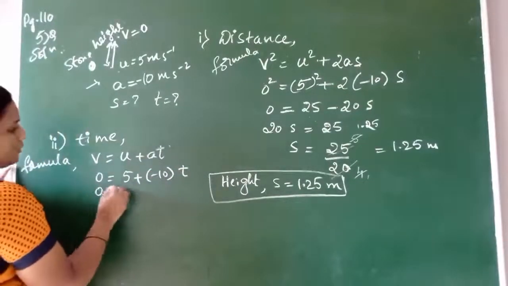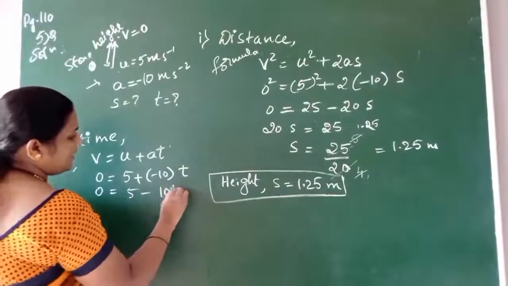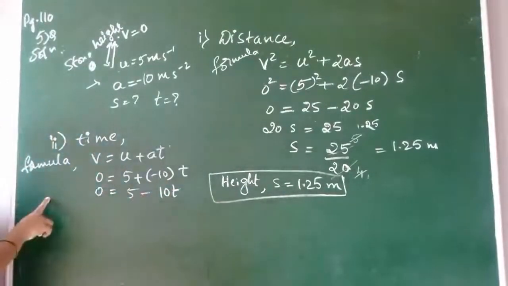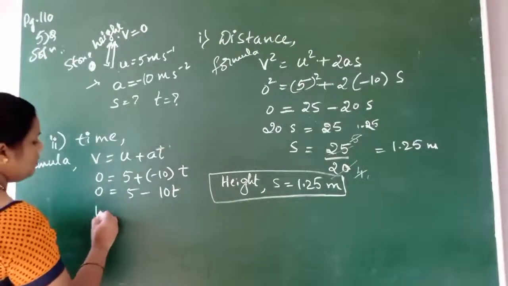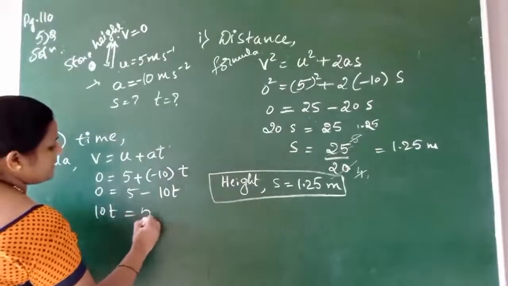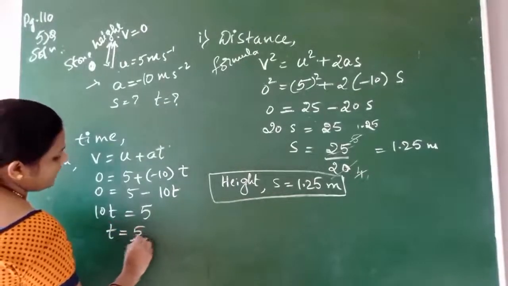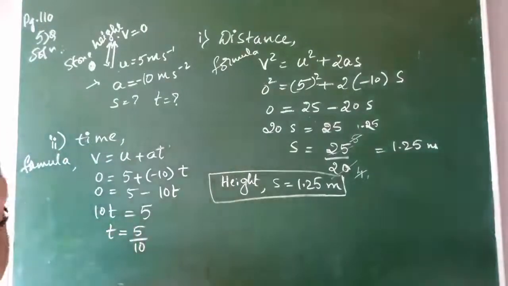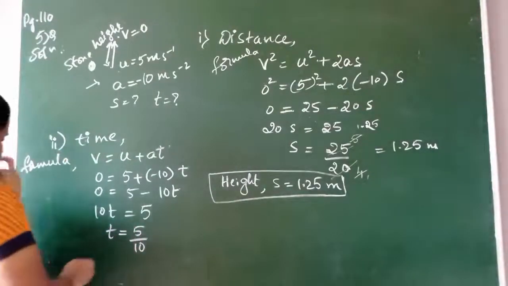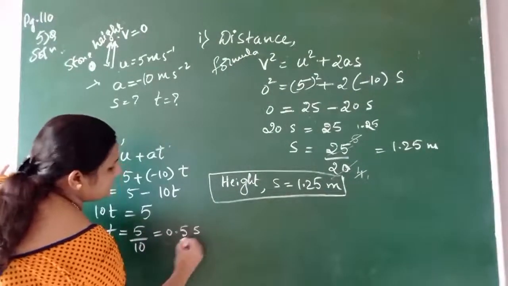So, 0 equals 5 minus 10 T. If this minus goes to the left hand side it changes its sign to positive. Then what is left? 5. Nothing but T is equal to 5 divided by 10. This is very small, isn't it, children? So, this can be written as 0.5 seconds.